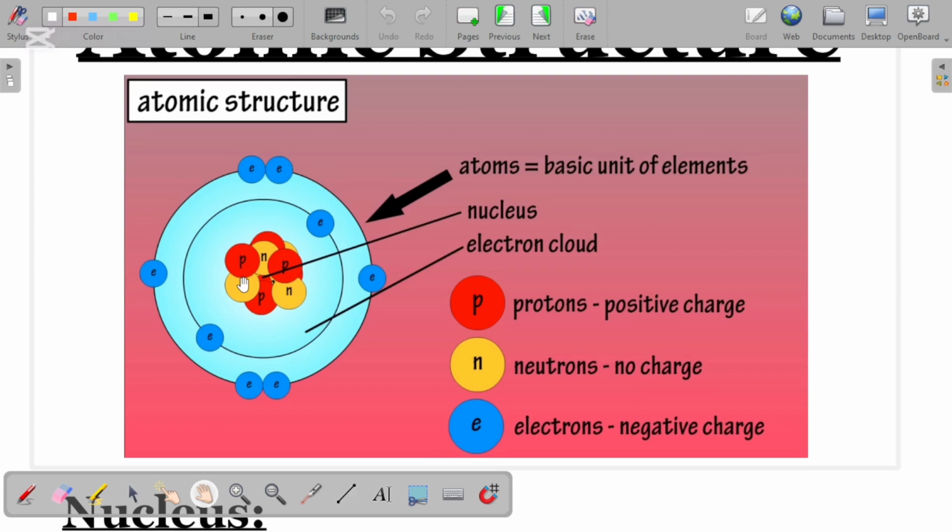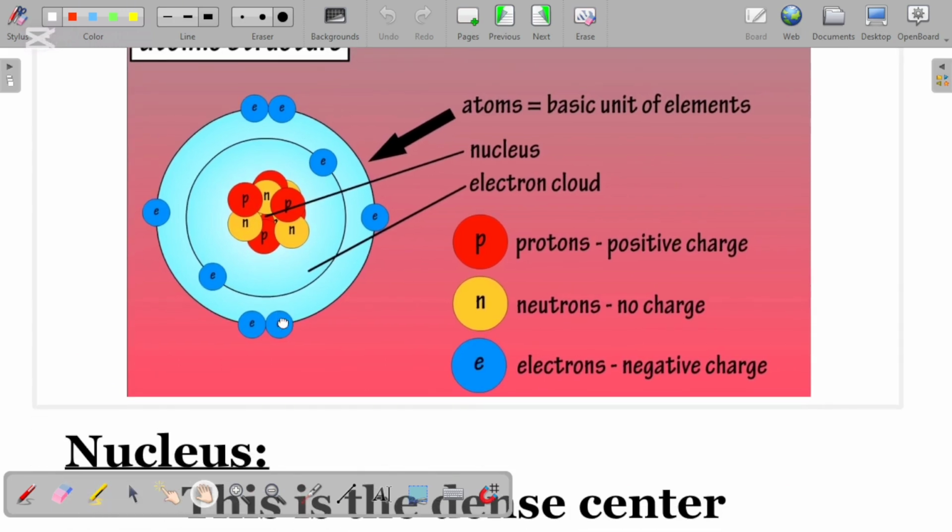So this blue shaded circle is known as the electrons, and the electrons move along these orbitals, the circular orbitals, and then the nucleus is at the center of the atom.